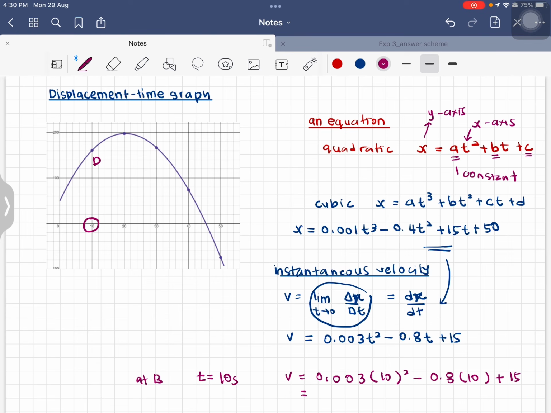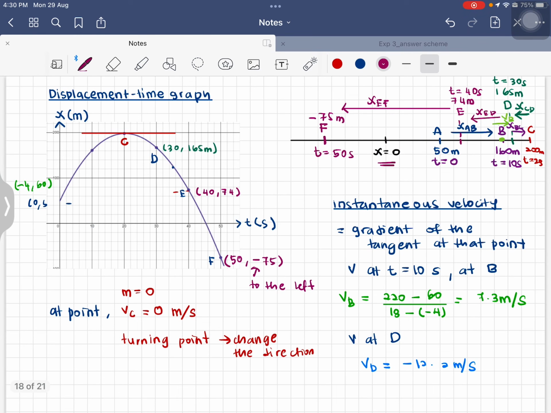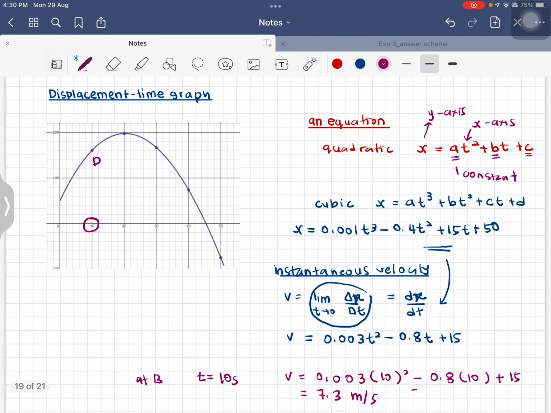I will get approximately 7.3 meter per second, which is the same as the gradient from the tangent that I calculated before. Kita ada tangent tadi, this is dia punya tangent. Tadi kita dah kira kan. So tangent ni dekat point B sama dengan kalau saya kira guna equation.